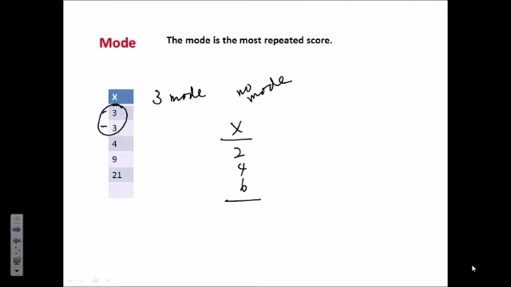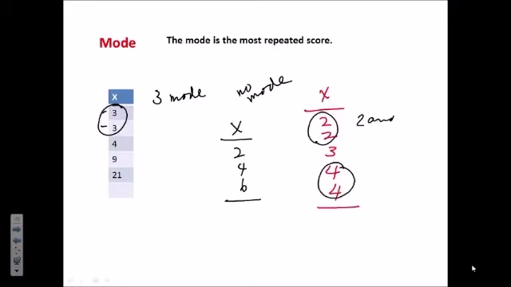Or you could have a distribution where you have more than one mode. 2 is repeated twice and 4 is repeated twice. So in this case, we say 2 and 4 are modes of this particular distribution, and in that case we say this distribution is bimodal.